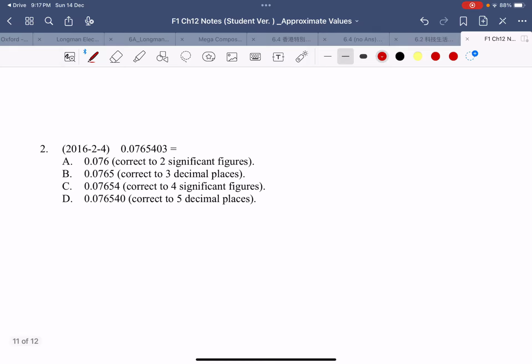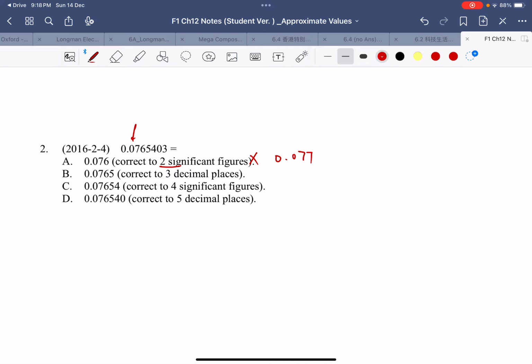Okay, next, which one is the correct answer here? If I correct this number to 2 significant figures, that is 0.077, not 76. So A is not correct.